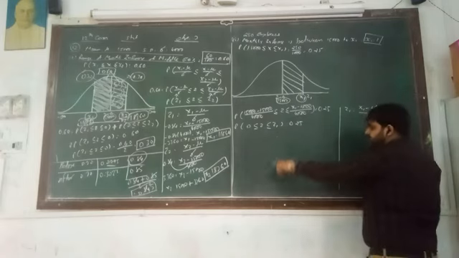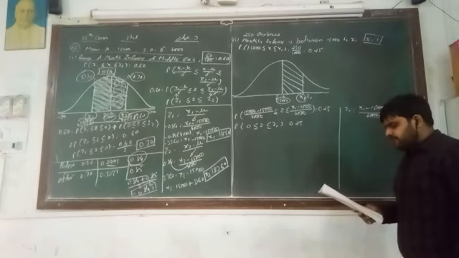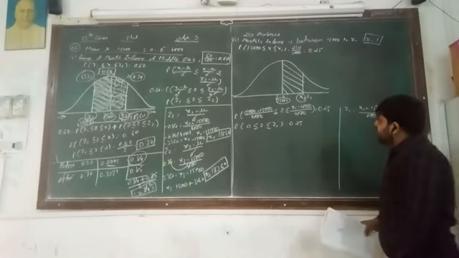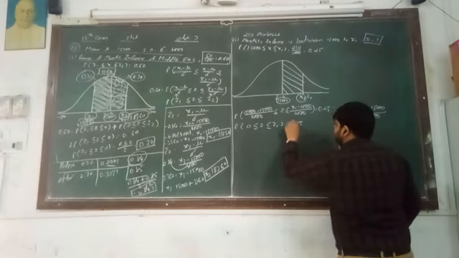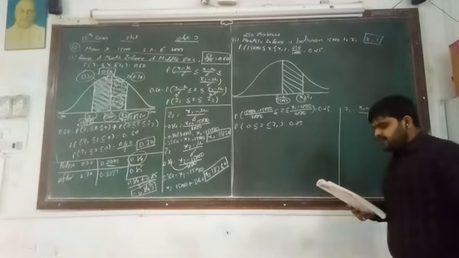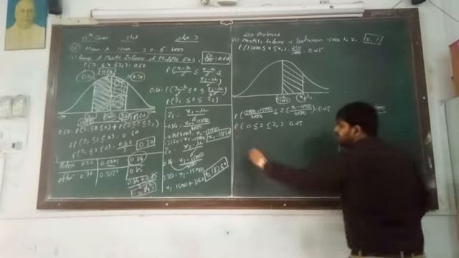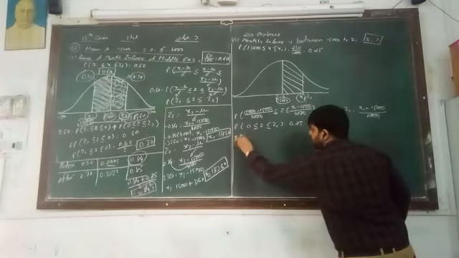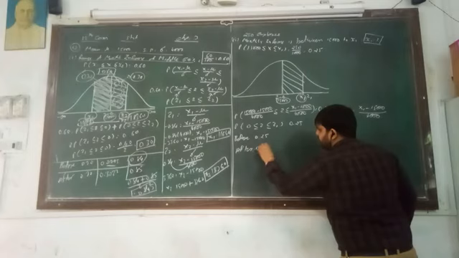So this is the value of z1 that we have to find out in this example also. First of all we have to find this value, and that value is useful to find x1. So first of all we have to find out z1. So 0.25: with the help of your z table, we look at the value before 0.25 and after 0.25.